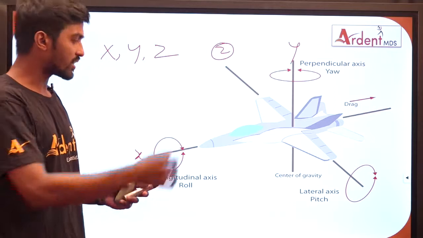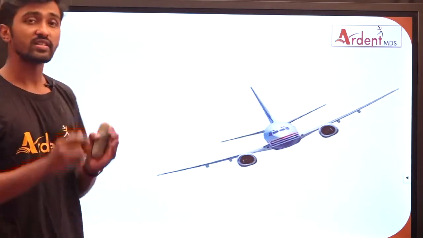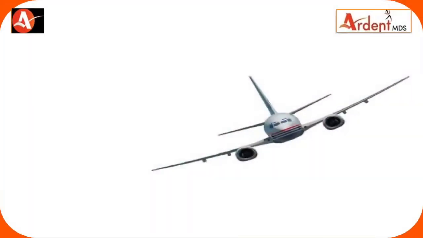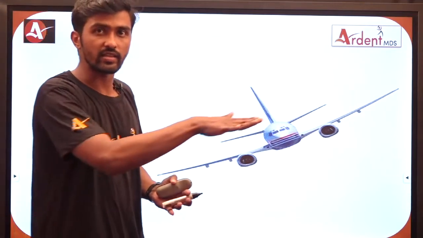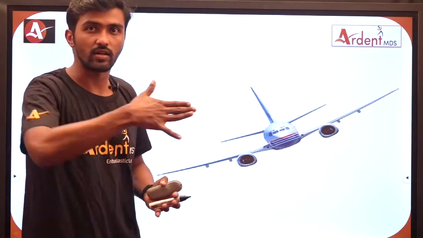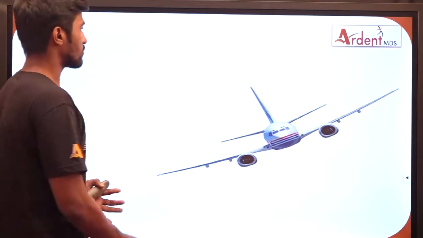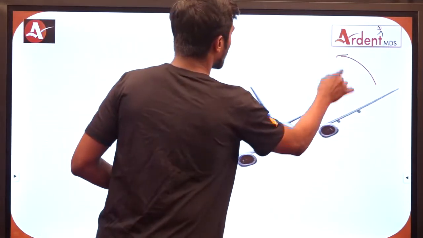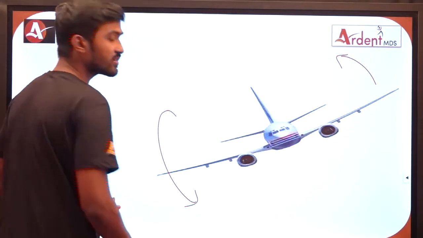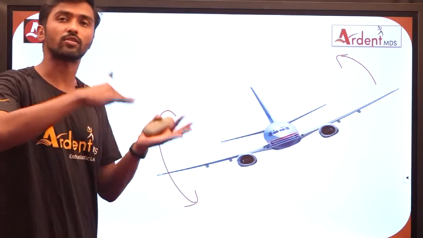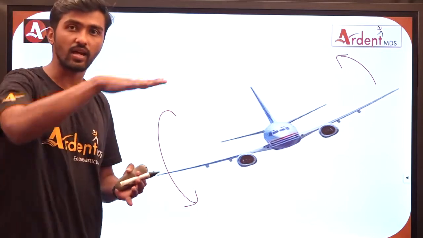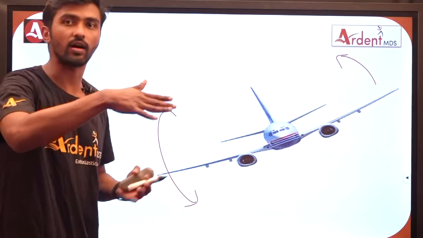Coming to the next terminology, that is roll. Roll is when an airplane turns right side or left side in order to navigate through the skies. It can turn in this way or like this way as well. So this is called rolling of the plane. Similarly, in orthodontics also, a maxilla can either roll right or left.